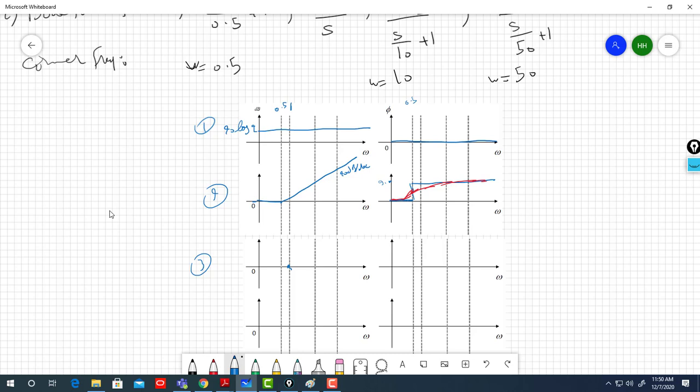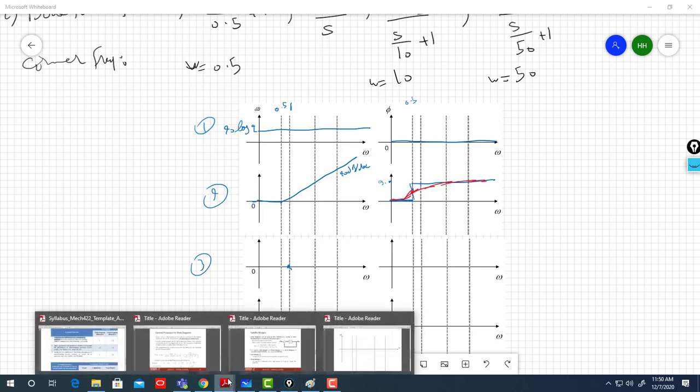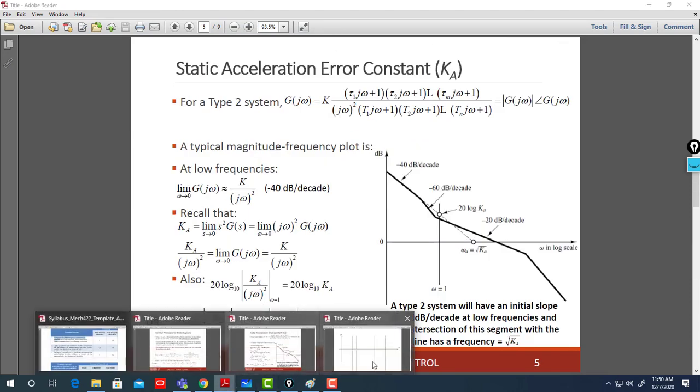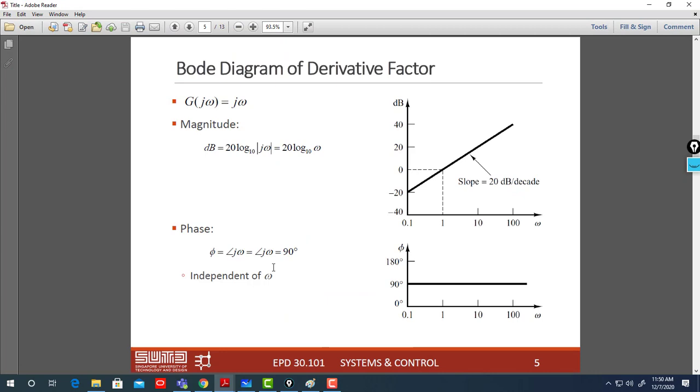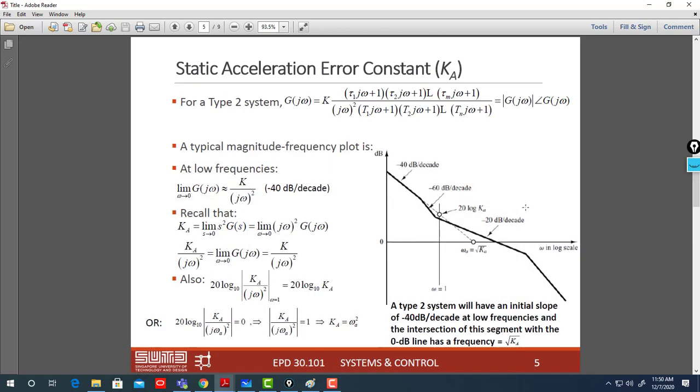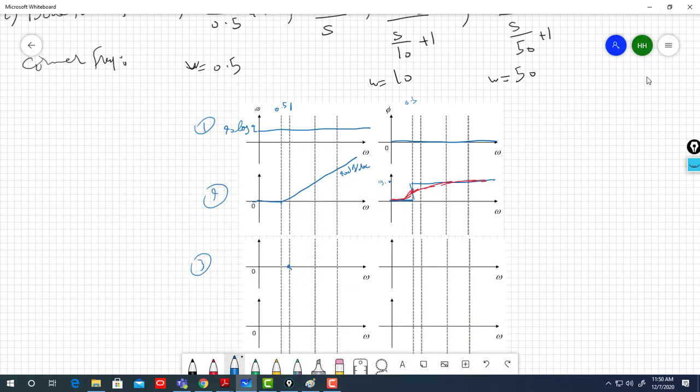In case you don't remember, you return directly to your course and look at it: at 1 it is 0, otherwise minus 20 decibel per decade. Here I just write the slope on it, minus 20 decibel per decade.